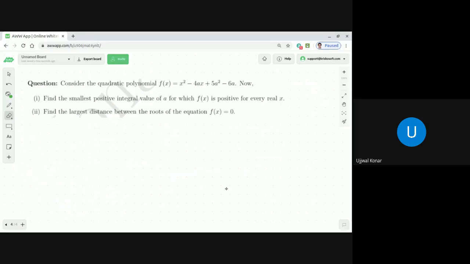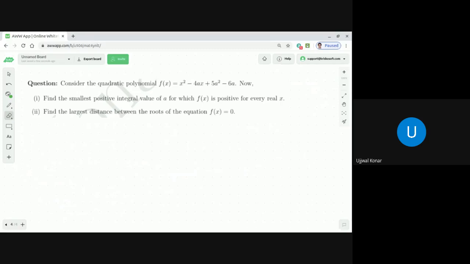Consider the quadratic polynomial f(x) equal to x square minus 4ax plus 5a square minus 6a. Now, find the smallest positive integral value of a for which f(x) is positive for every real x.